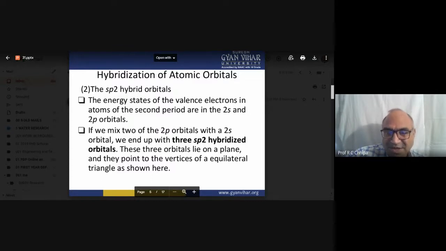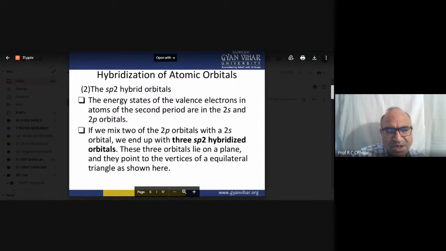For the sp2 hybrid orbitals, the valence electrons in an atom of the second period, the 2s and 2p orbitals, mix with each other and form three new orbitals, and those three new orbitals are the sp2 hybrid orbitals.